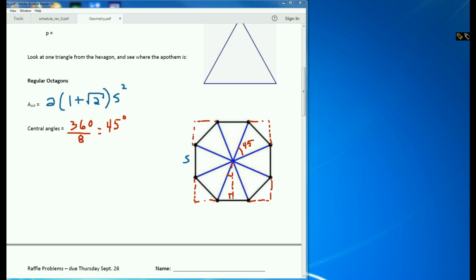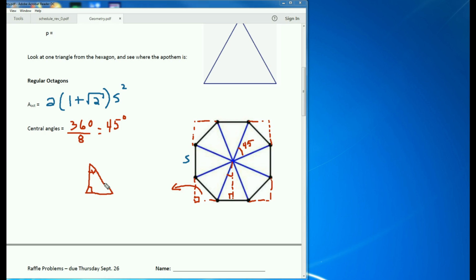Okay, so if we did that, let's look at this triangular corner that we just formed here. We know that this is a 90-degree angle in the corner, and that these two angles have to be the same.